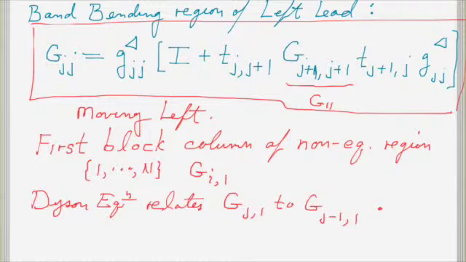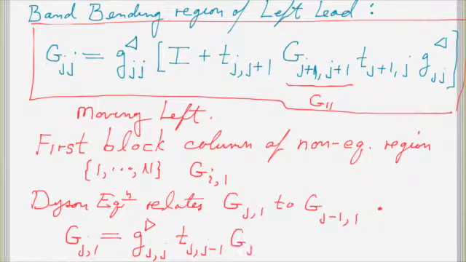And that Dyson equation is G_J1 equals right connected G_JJ times T_J,J-1 and the exact G_J-1,1.